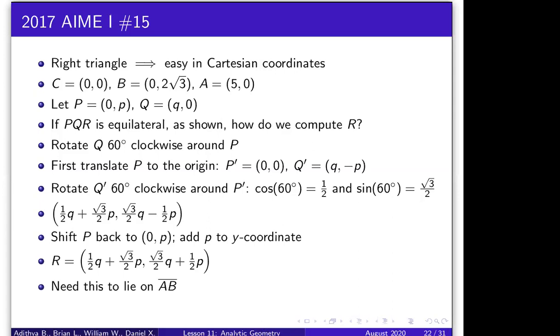Right. So now the requirement that we have on R is that it needs to lie on AB. Right. So what is the equation of AB?